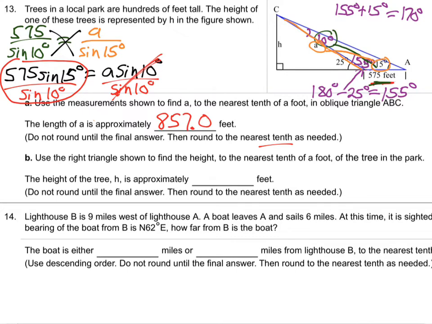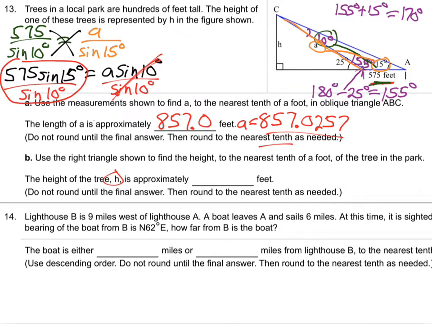857.0. But I have another part to go. I got to find H still. And so for purposes of finding H, I'm going to use more accuracy: 857.0257. It was 569, so I round to 57. I'm going to use that as A, more accuracy for the second part.